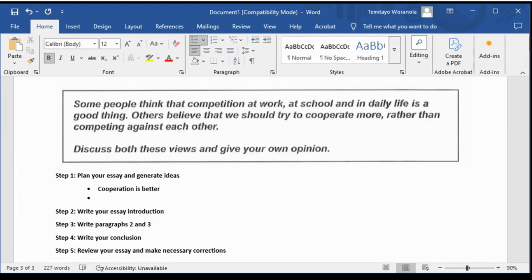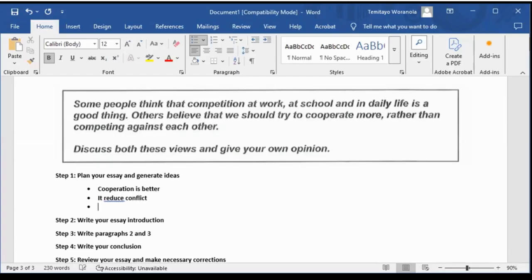Now, for me to write about that position in my essay, I need to come up with at least 3 reasons why I think cooperation is better than competition. Number 1 reason is that it reduces conflict.